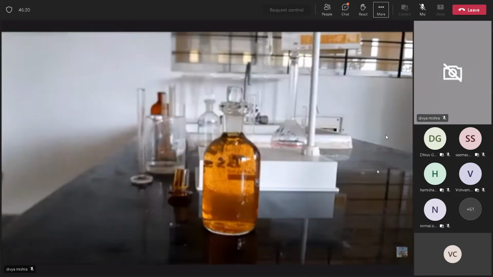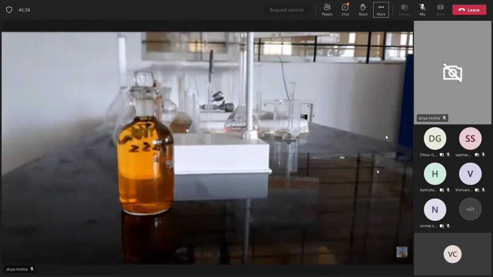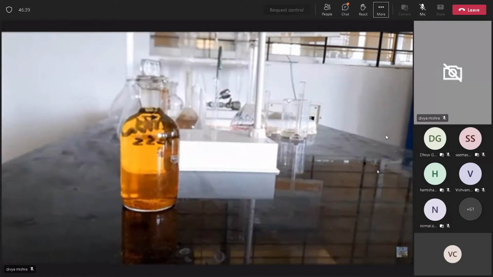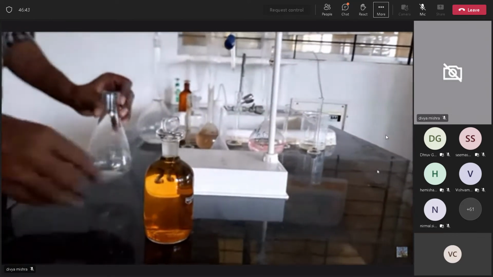You can clearly see that it has turned into a dark straw color. Now exactly measure 203 ml of sample from the BOD bottle and take it to the conical flask.